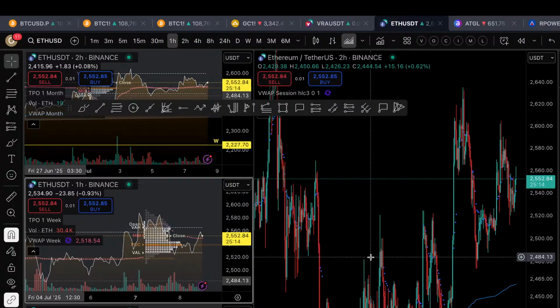Not really good, but we do have resistance. I would not be looking to short that aggressively because we're in an uptrend. I would prefer this long here any day.